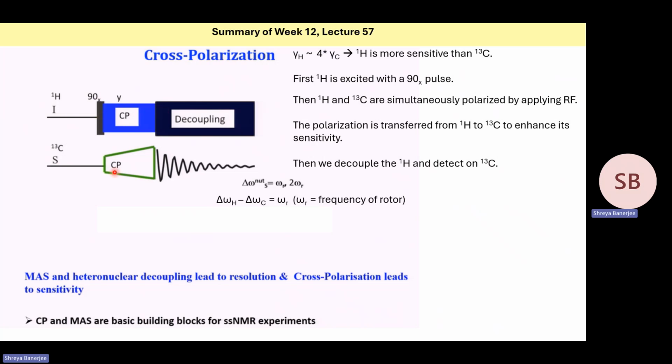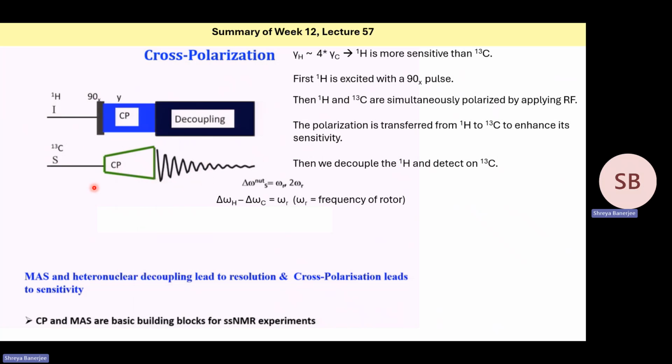So in this region called CP, RF pulses are applied to both 1H and 13C, and they are simultaneously polarized. After that, the polarization is transferred to 13C and the FID is detected there after decoupling the 1H. So we are detecting on 13C.